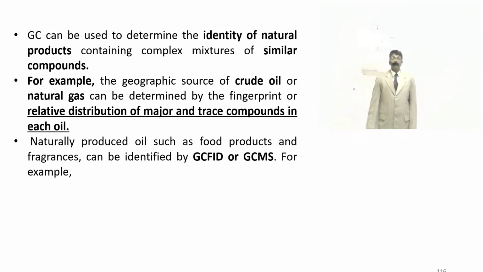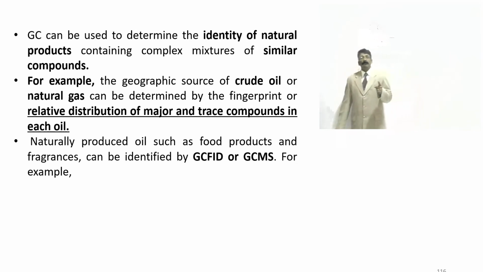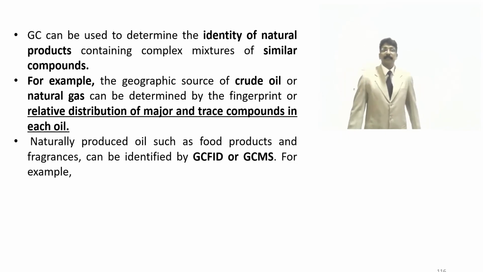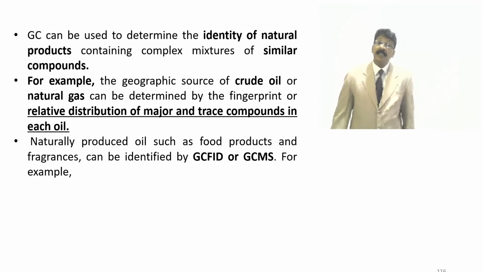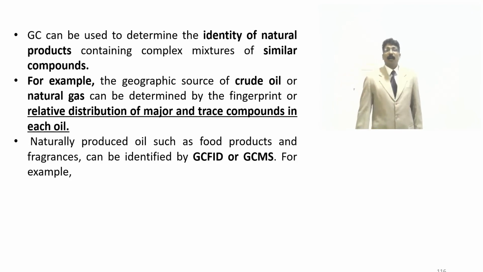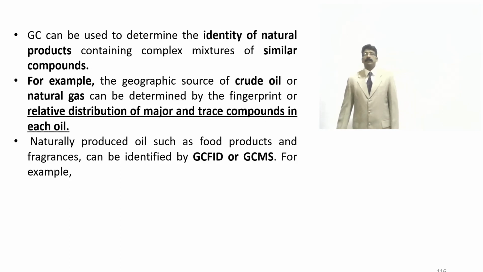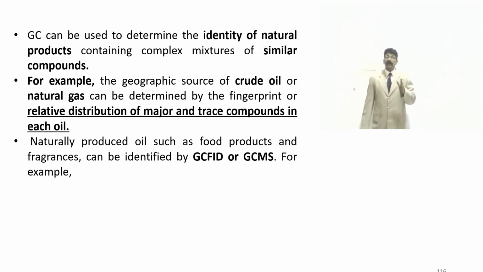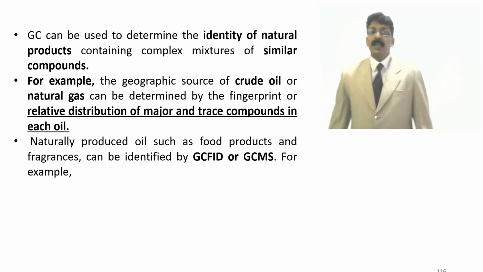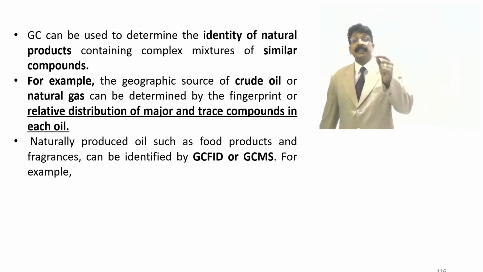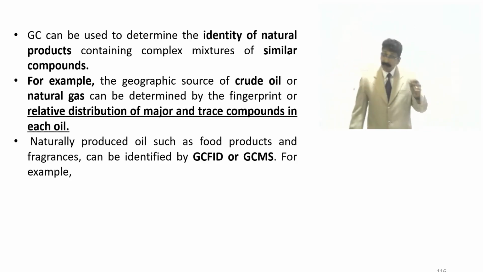Naturally produced oils such as food products and fragrances can be identified by GC-FID and GC-MS. That is, a flame ionization detector connected with gas chromatography, or gas chromatography directly connected with mass spectroscopy, can also be used in a hyphenated technique.